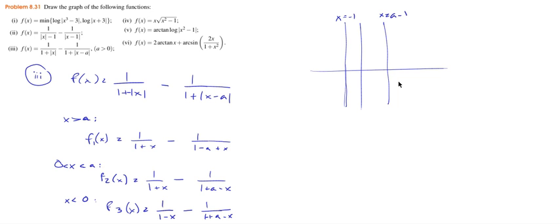Let's say this function is going to be something like this, right? And then this function minus this is going to be like this, right?